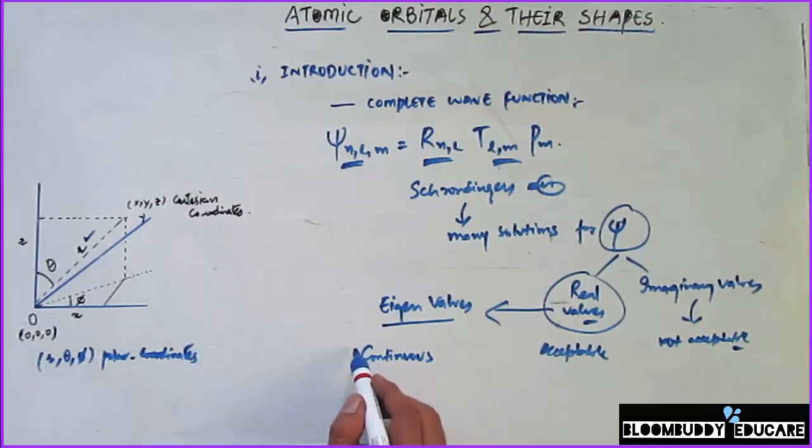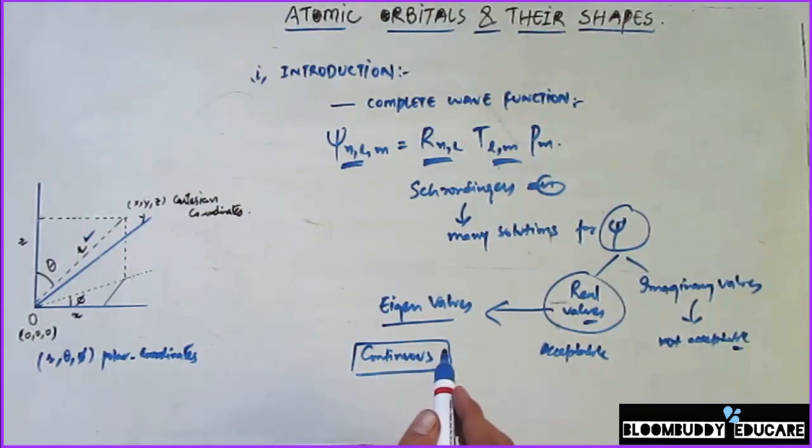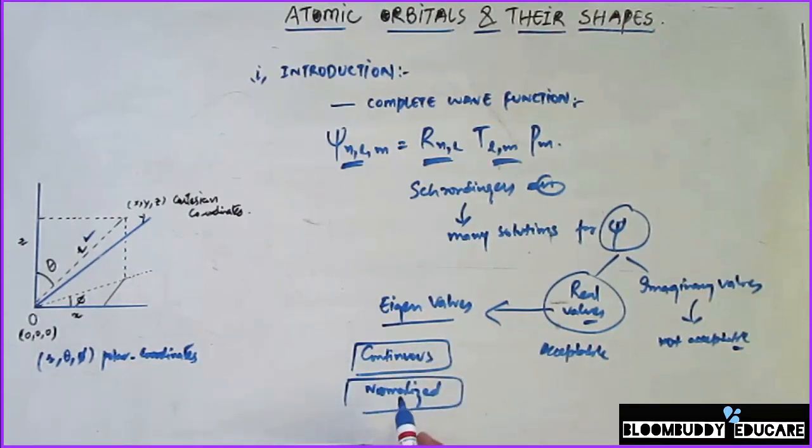Also, along with being continuous, this eigenvalue should be normalized, or its function has to be always normalized. So these are the characteristics of these eigenvalues, or the acceptable values. They have to be continuous and they have to be normalized.